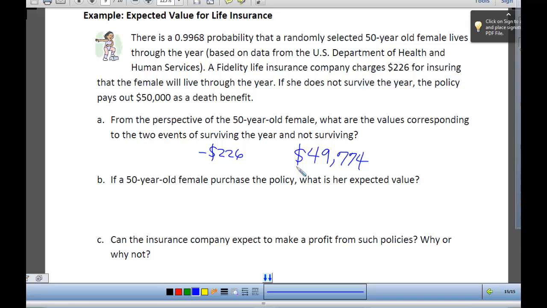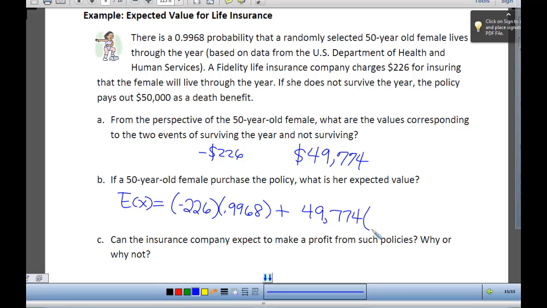And so given the probabilities associated with each of these, we can say the expected value is, okay, she lives through the year, so that's negative 226 times the probability that she makes it through the year, which is what? 0.9968. Okay, plus she doesn't make it through the year. So that's when we get the payout.